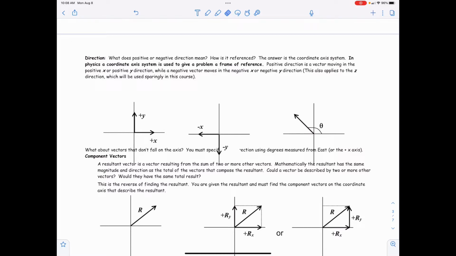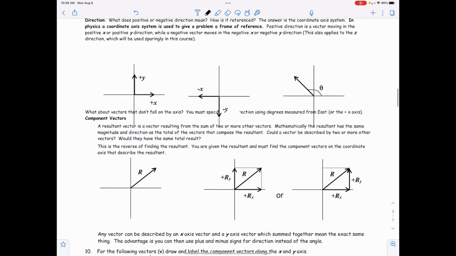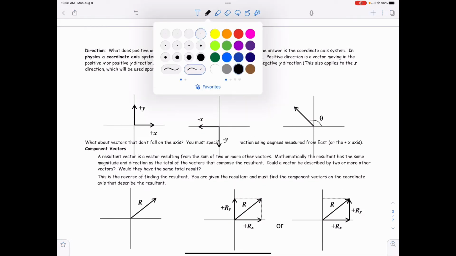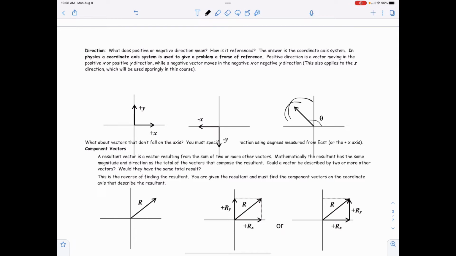Now, what happens when you are specifying a vector that's not in the x or y direction? Well, then you're going to have a vector pointed at some angle. And there's 4 possibilities. You can either be up and to the left, like you see here, somewhere in this quadrant up and to the right, somewhere down and to the right, and somewhere down and to the left.